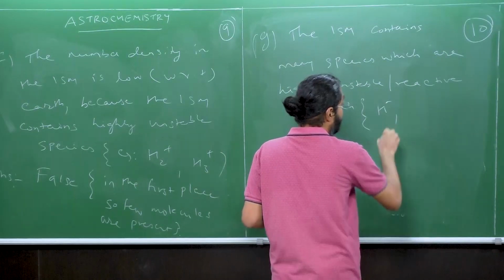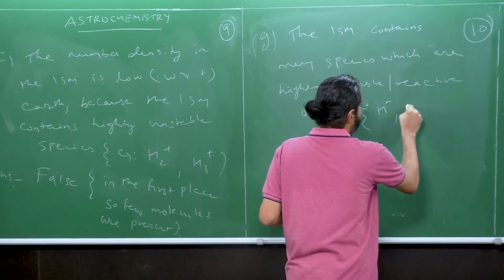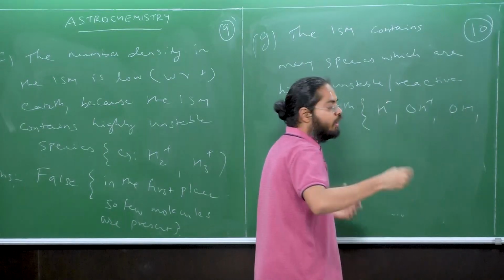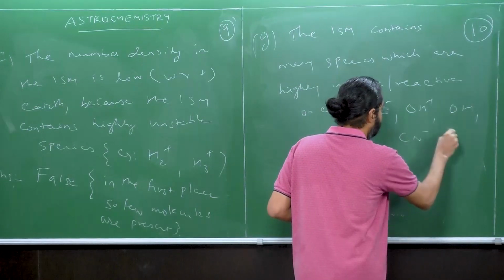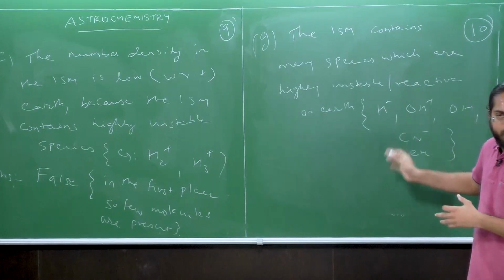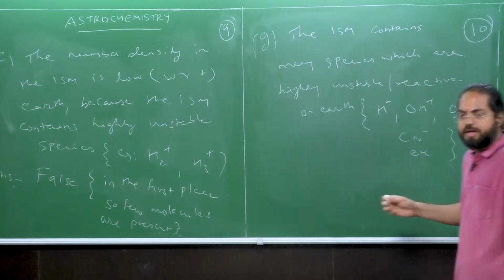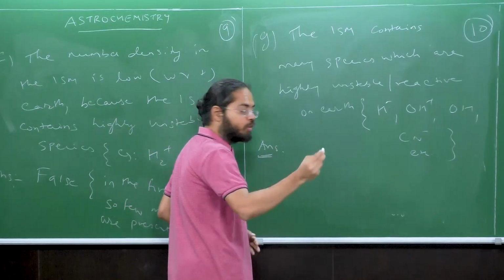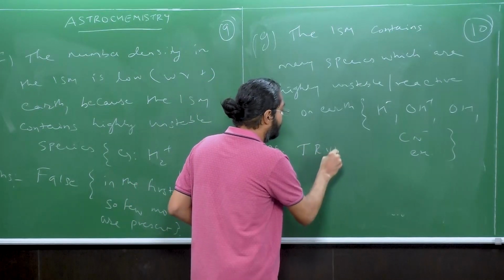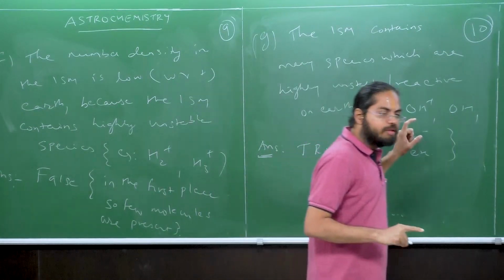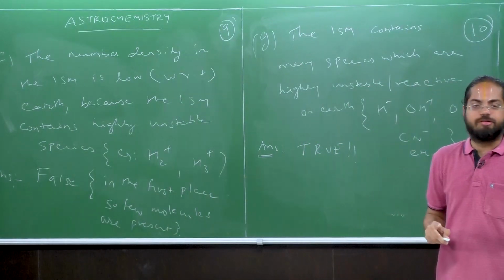You have something like H minus, you have something like OH plus, you have something like OH radical, you also have something like CN minus, etc. I'm just giving some examples of cations and anions and free radicals also. The answer is of course true, but I want to highlight an important chemical principle based on it. Why are these unstable species even present in the ISM?